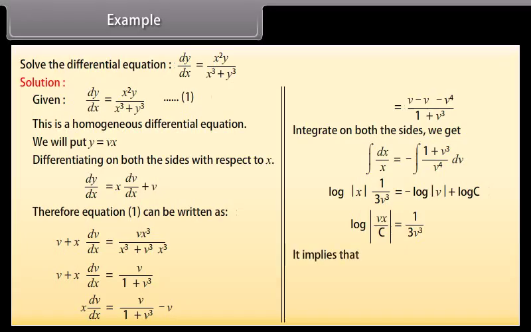It implies that vx by c equals e raised to the power 1 by 3v cube. It implies that y by c equals e raised to the power x cube by 3y cube, or y equals c into e raised to the power x cube by 3y cube.